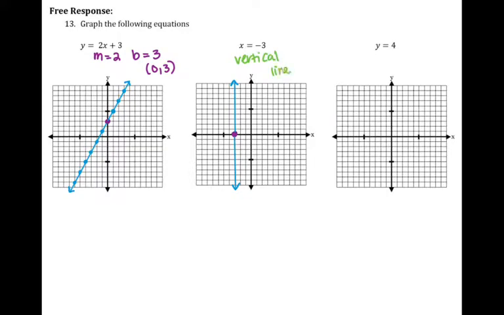Vertical line. Y equals a number is going to be horizontal. So I'm going to cross my y-axis at 4. I'm going to plot a point at 4 on my y-axis, and draw a horizontal line through that point. And I can draw my arrows because these lines are going to go on forever and ever.